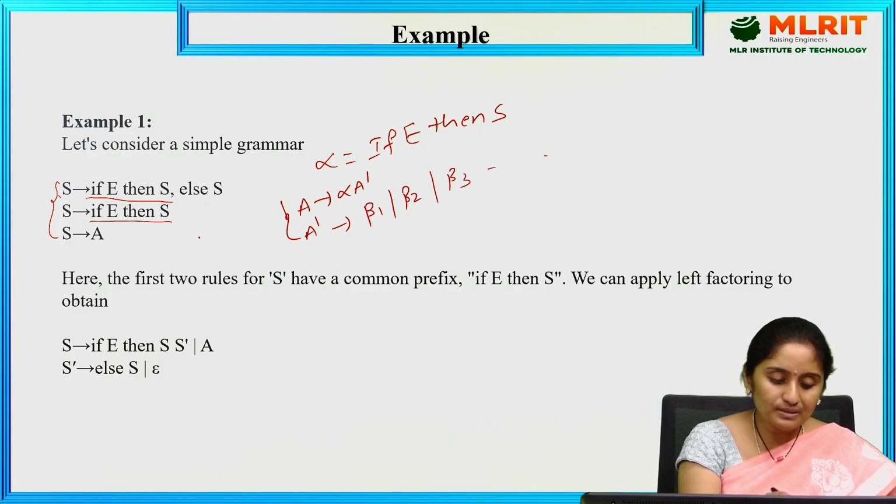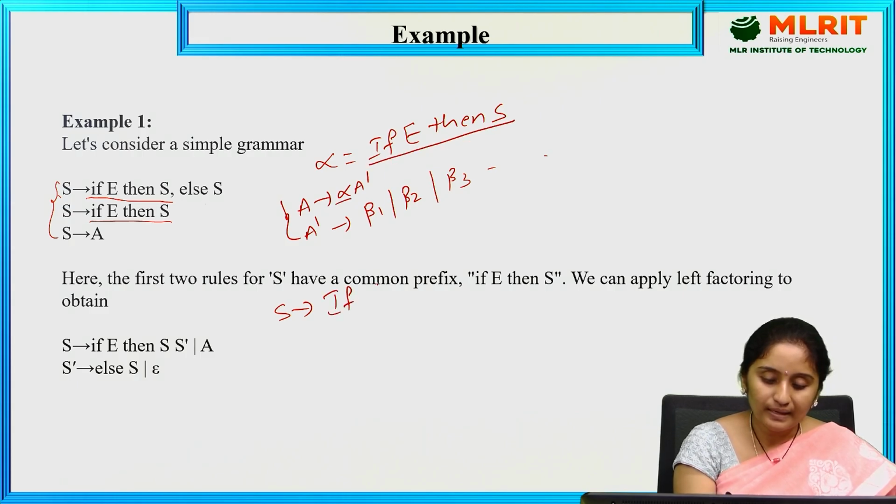So for this grammar, S produces alpha, which is if E then S, followed by A dash. Here A is nothing but S, so I am going to get S dash. S dash produces else S, or epsilon. The non-terminals I have are S and S dash.